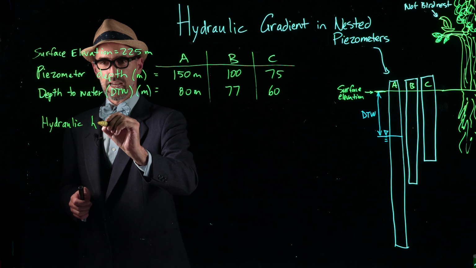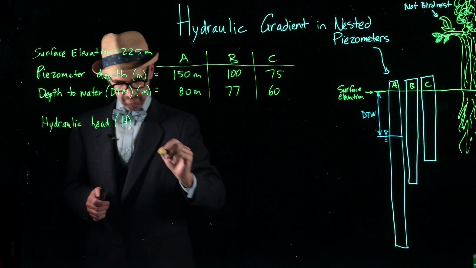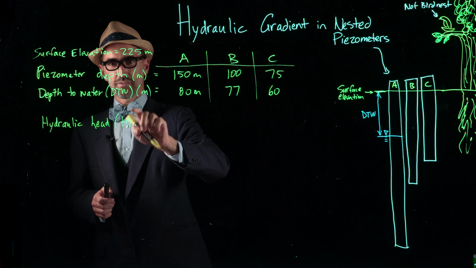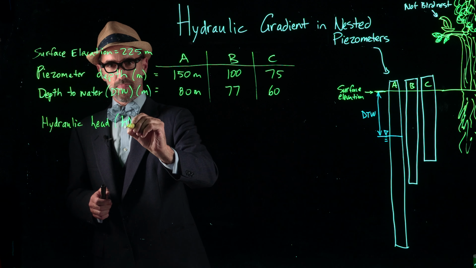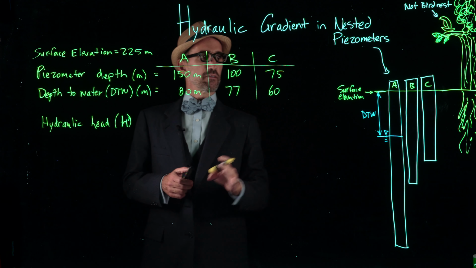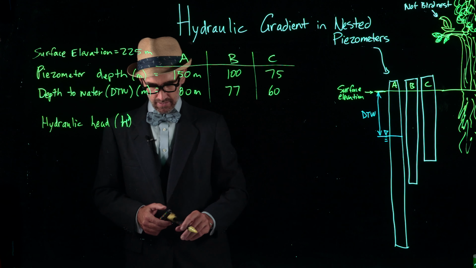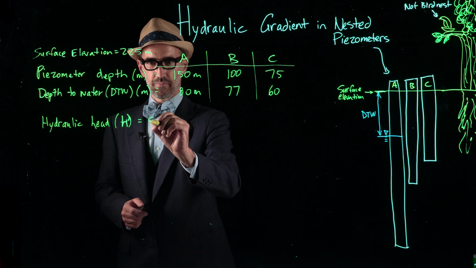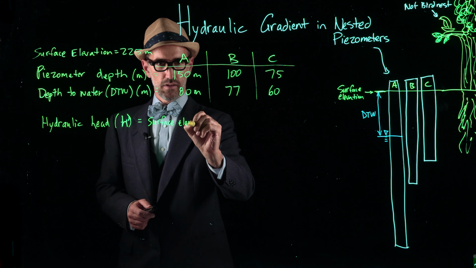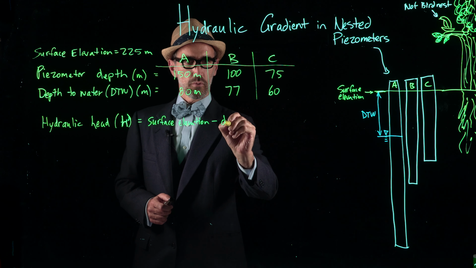Hydraulic head often has a symbol of H, or sorry, that should be small h. Using the information that we have here, we can calculate that as the surface elevation minus the depth to water.